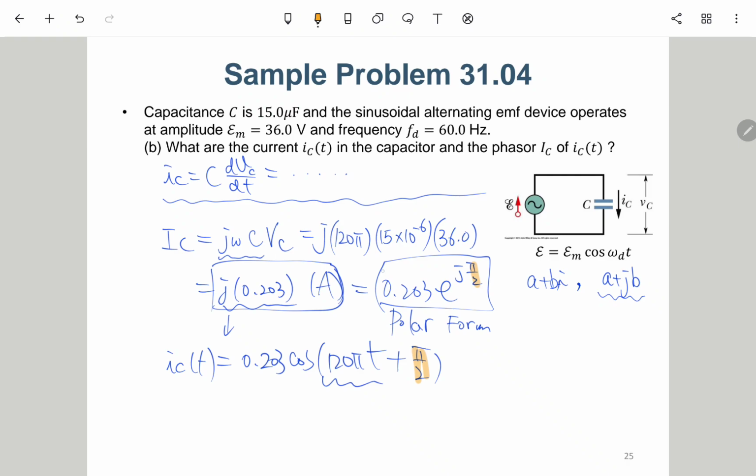I think in high school mathematics you learned how to change a complex number from rectangular coordinates into polar. This is the amplitude, this is the phase, pi over 2. The SI unit is also A.